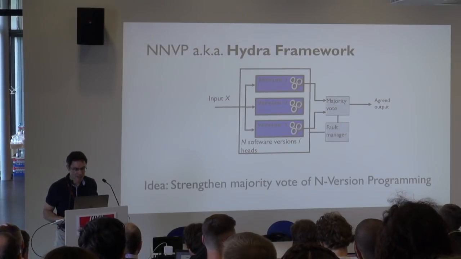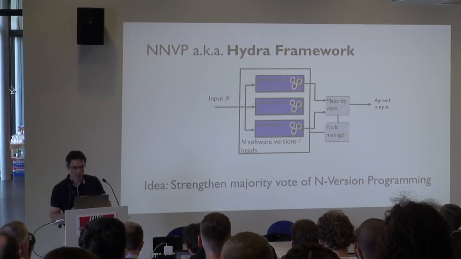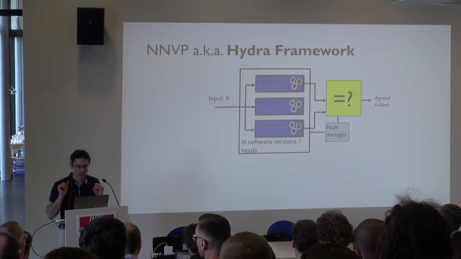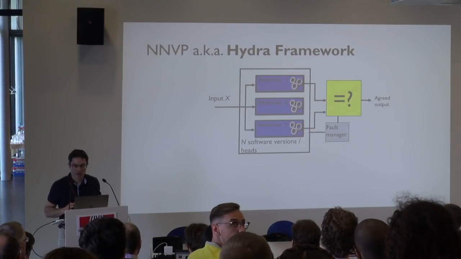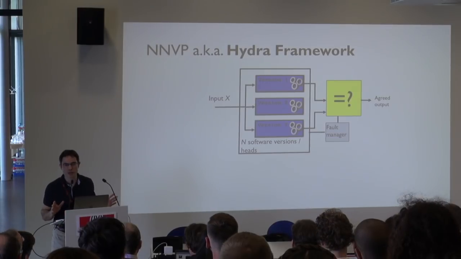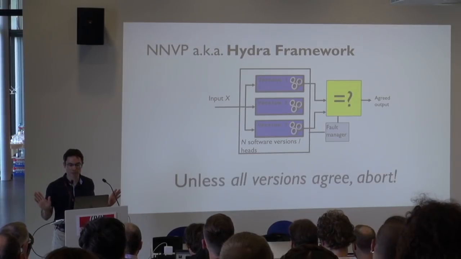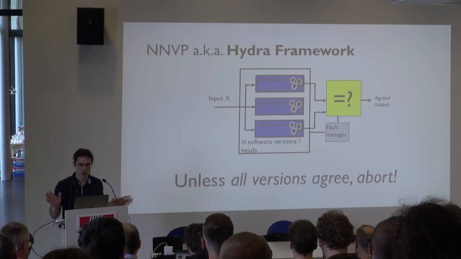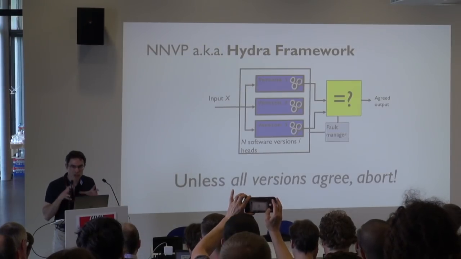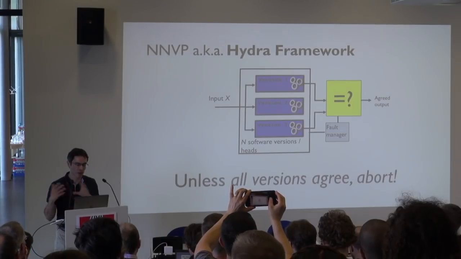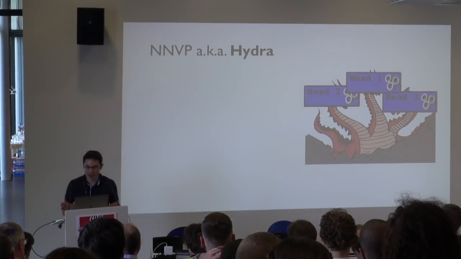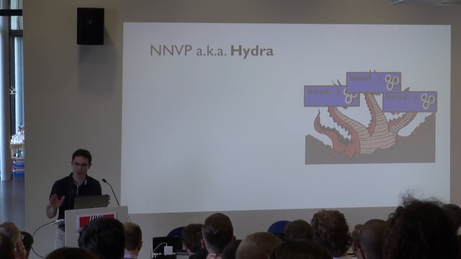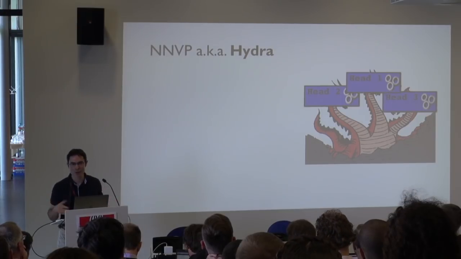In NNVP, you strengthen this by, instead of computing a majority, checking equality. That's to say that unless all of the heads of the program agree, you abort. So you're treating divergences in state much more stringently in NNVP than you are in N-version programming. We refer to this as the Hydra framework, by the way, because these metaprograms have multiple heads, and as many of you know, the Hydra was a mythological beast that indeed had multiple heads.